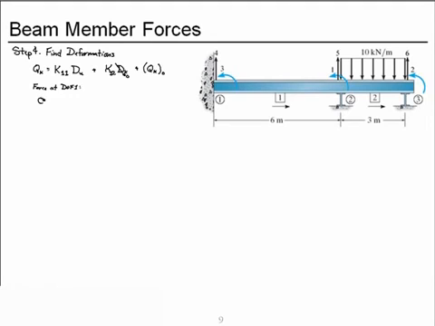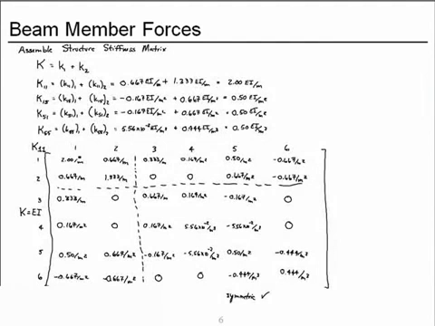We said that's going to be 0 equals, and so we need our first coefficient, K1 little 1, which is 2EI over meters.